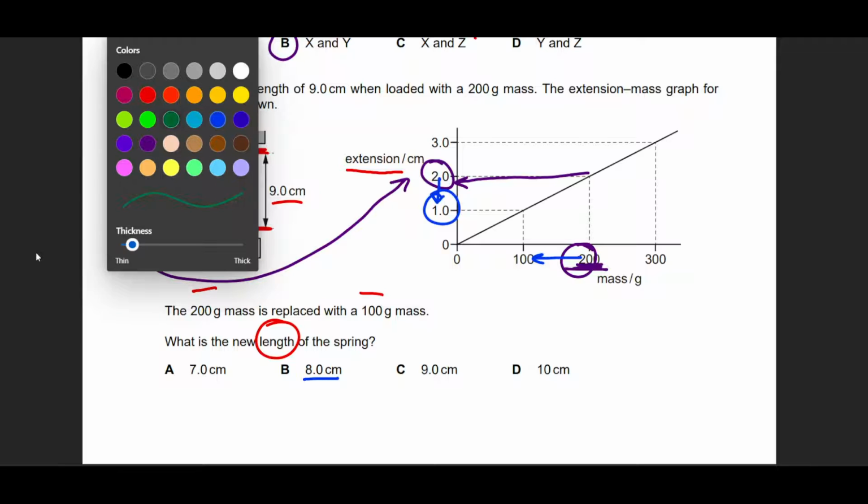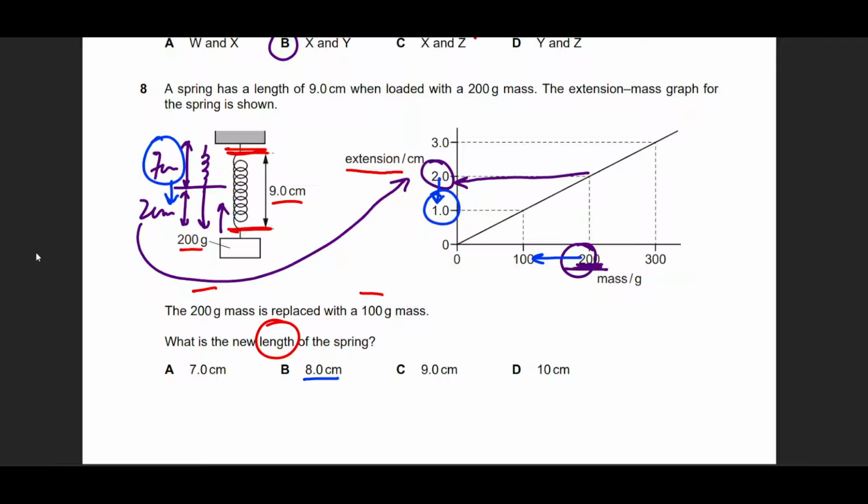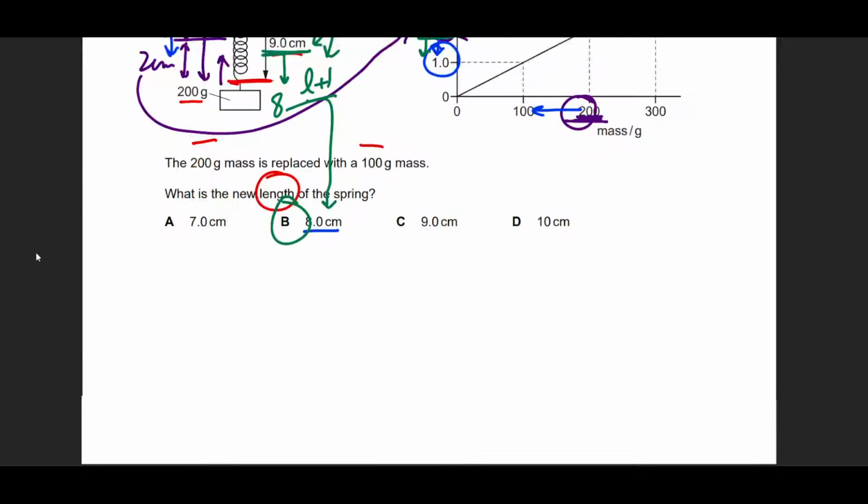Or you can go about it the other way: if the current situation has 9 centimeters, whatever the length L is, there is an extension of 2 centimeters built into this 9 centimeters. Today, the extension reduces by 1 centimeter, so there is a reduction of 1 centimeter. So 9 minus 1 also gives you 8 centimeters. So B will be the answer.